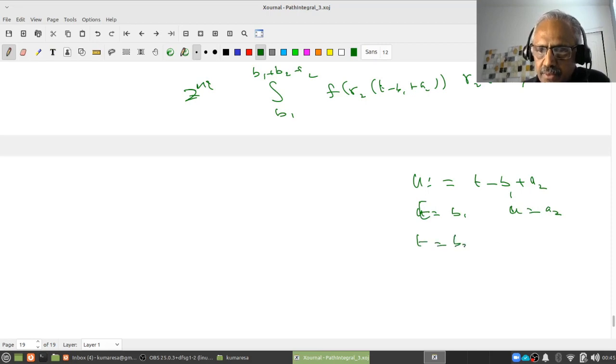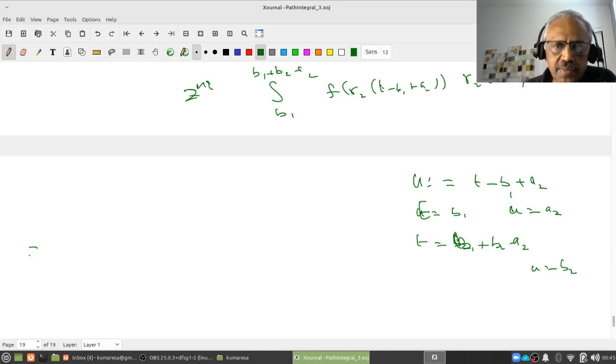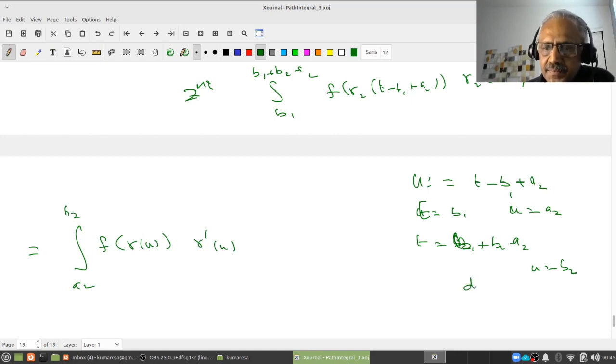When t equal to b1 plus b2 minus a2, u equal to b2. This is how we constructed it, right? Therefore, this becomes integral from a2 to b2 of f of gamma 2 of u and gamma 2 prime of u, and what is dt? dt is du. Therefore, this is integral of f over gamma 2.